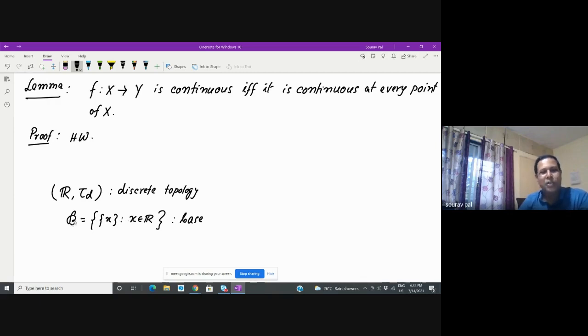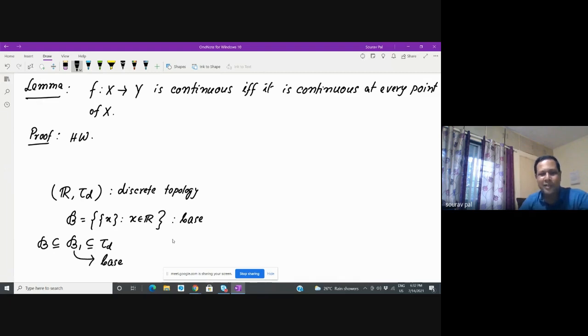Now, if you choose any super collection of that, if B1 lies in between script B and tau d, meaning B1 is a subcollection of tau d, the topology itself, and it's a superset of script B, then this is also a base.